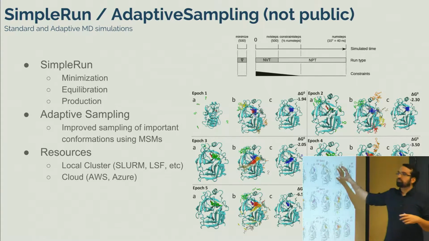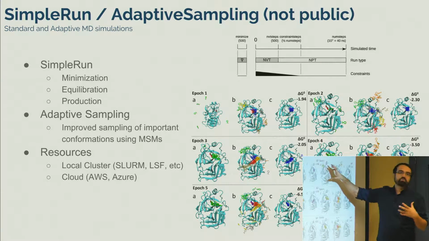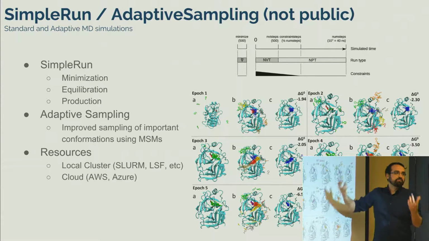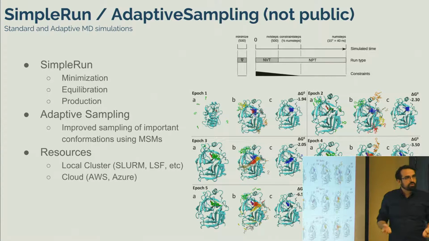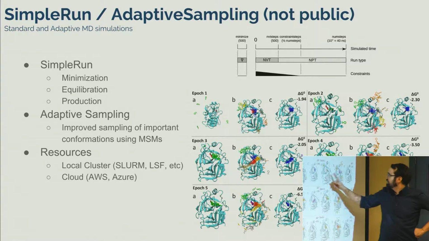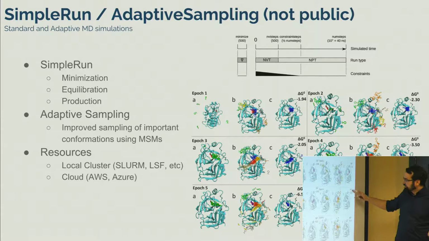This continues for the next epoch, where we do more simulations and find new states, and so on and so forth. What has been shown is that this improves the sampling of the system, and you can reach the binding site much faster, and also improve the prediction of the affinity of the compound.